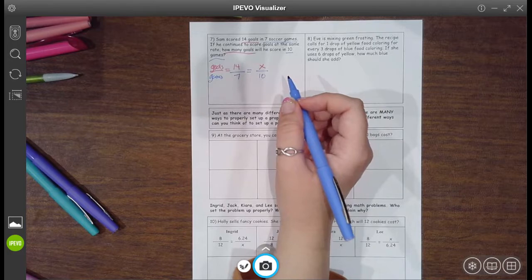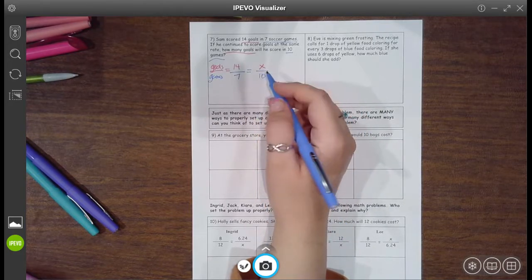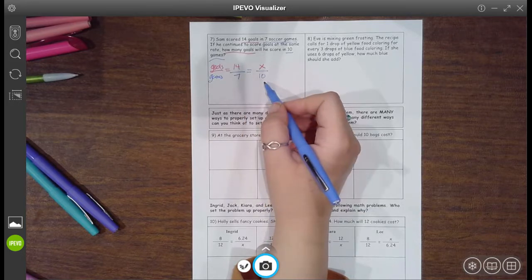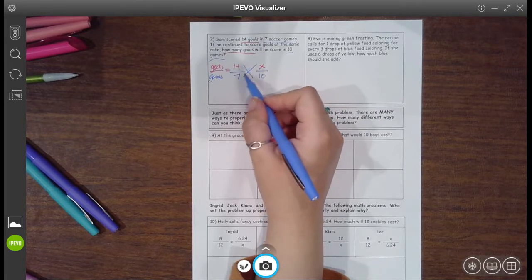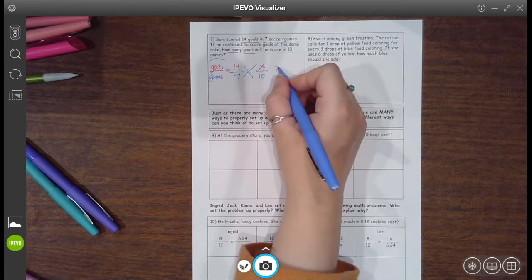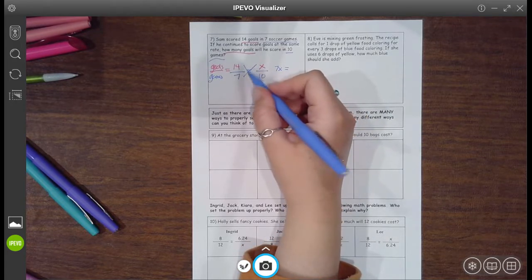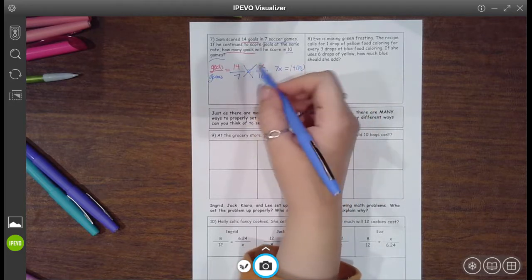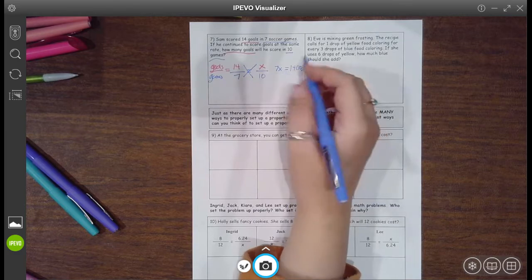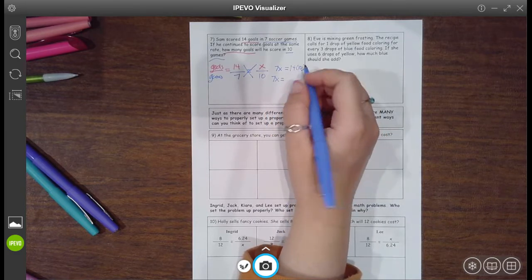Now, can you do the shortcut for these two ratios that equal each other, aka a proportion? Is 7 times anything equal to 10? Not really. So I'm going to have to do my cross products. 7 is across from x, so multiply those, and set that equal to these two cross products that are across from each other, the 14 and the 10. 7 times x can't be simplified, but 14 times 10 can.